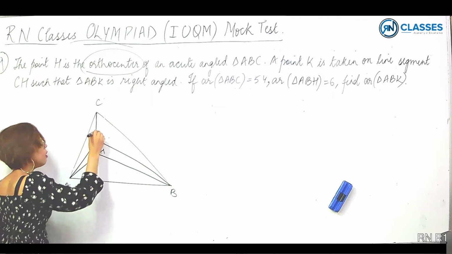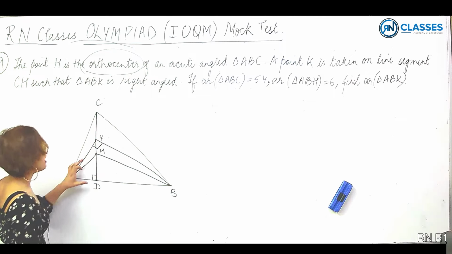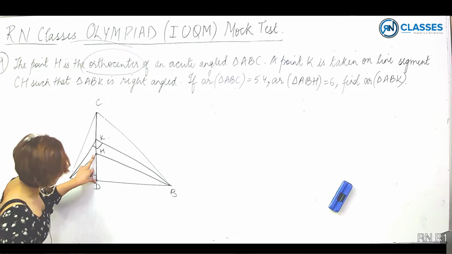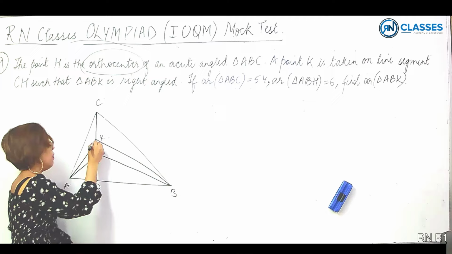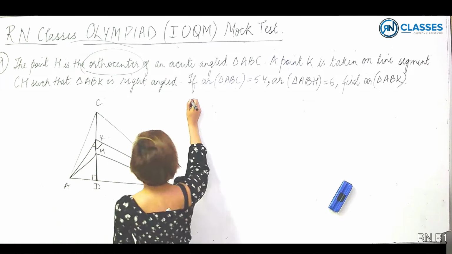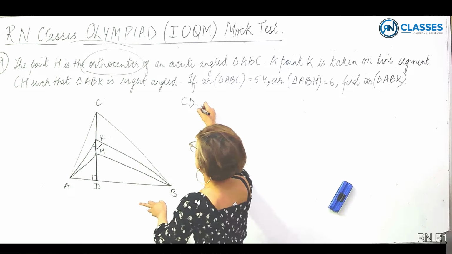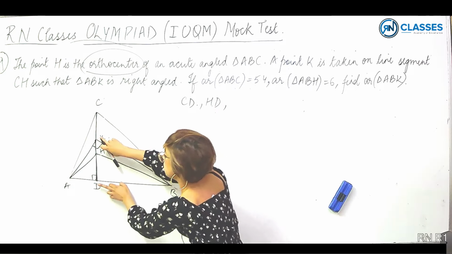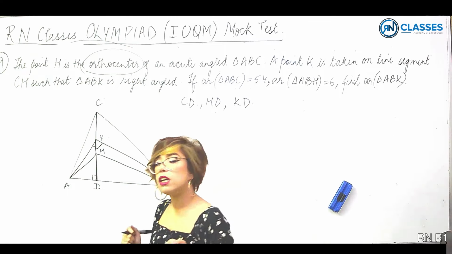That means I need to involve CD. Also, area of triangle ABH is given. That means HD is getting involved. And somehow, if I take ABK, this is the base, I need to involve this length. So I need to establish a relationship between CD, HD, and KD. These three heights have to be related.